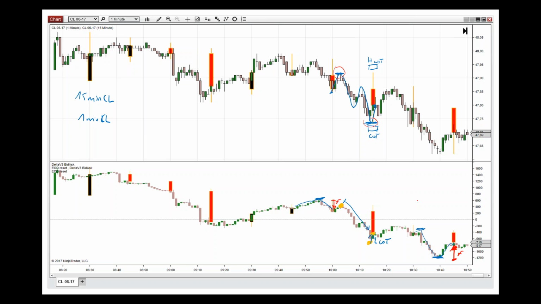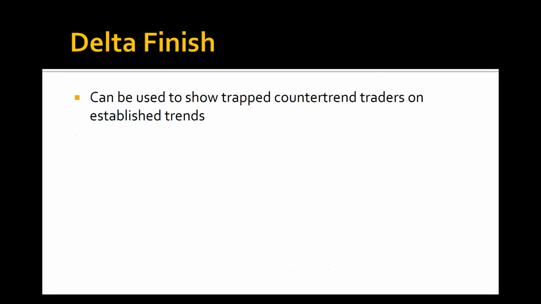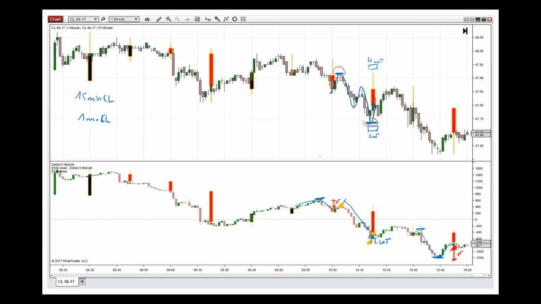In your opinion, does the delta finish work well on the ES? I think yes. It's the instrument, on a range chart, where I found it can work the best. But again, I'm not an ES trader. I'm a DAX trader, and this kind of concept did not work very well for me.